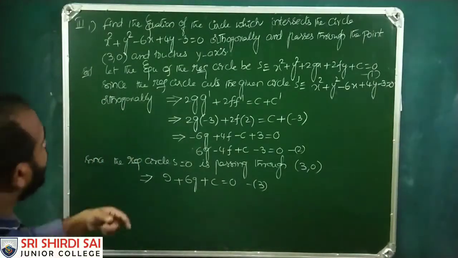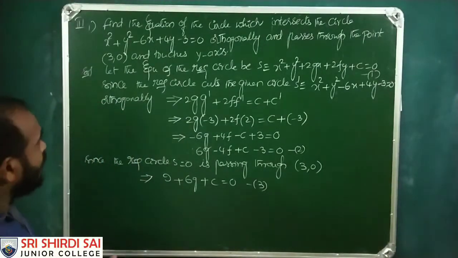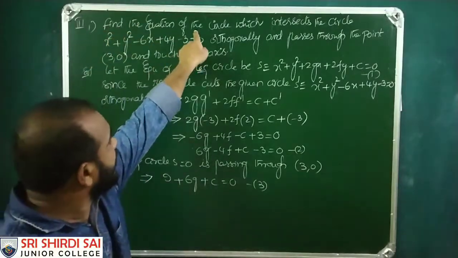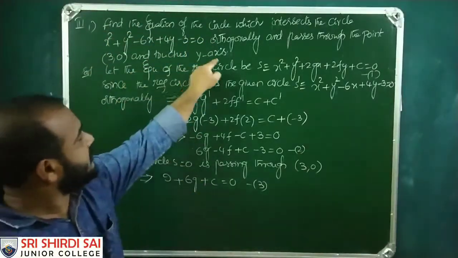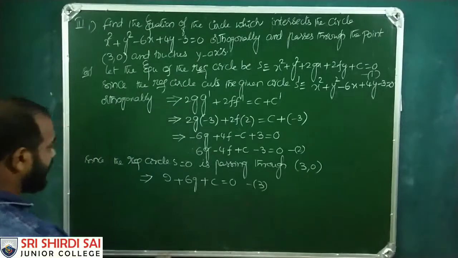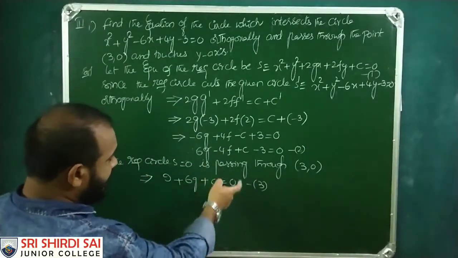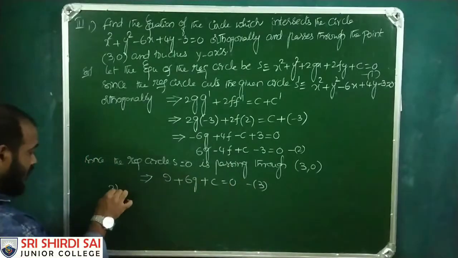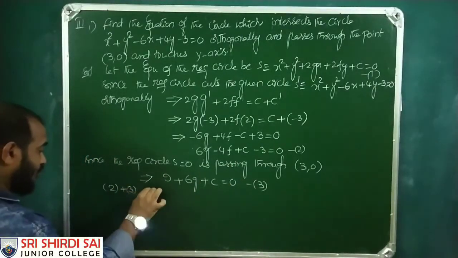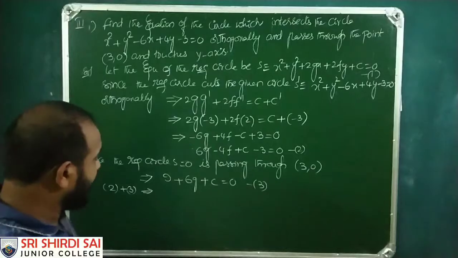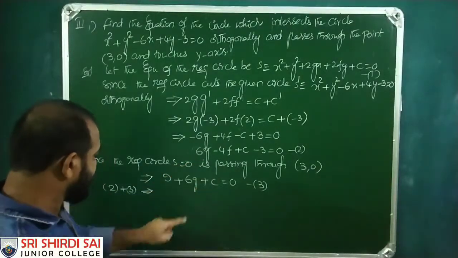And if we move further, the required circle touches the y-axis. But before this, let us add 2 and 3: 6g plus 6g gives 12g.